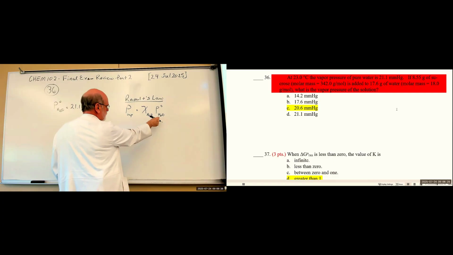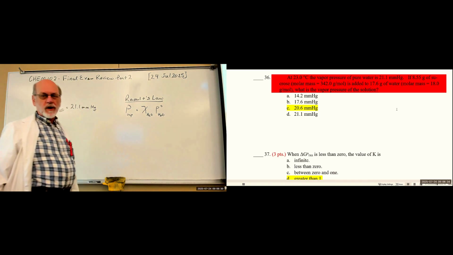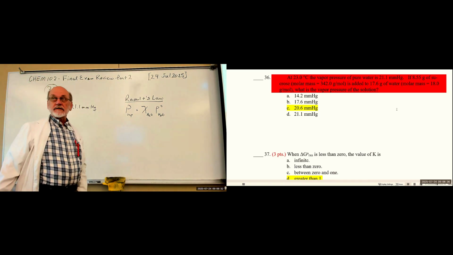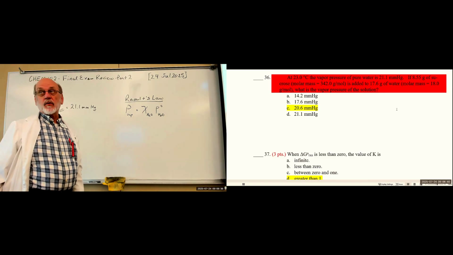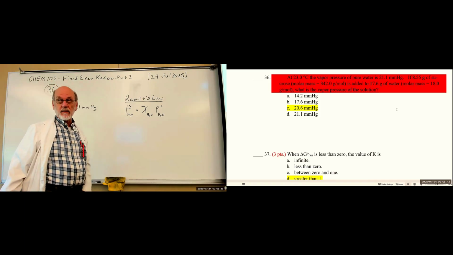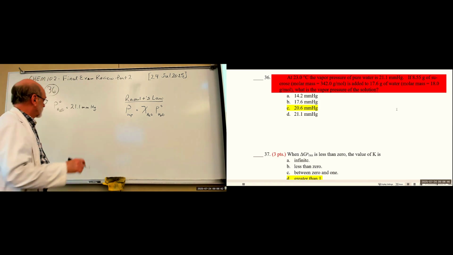So we've got to figure out, we know what this one is, it's given to us. We got to figure out what that one is. What's the mole fraction of water? Well, we've got 8.55 grams of sucrose and a molar mass. So we can find out how many moles of sucrose there are.